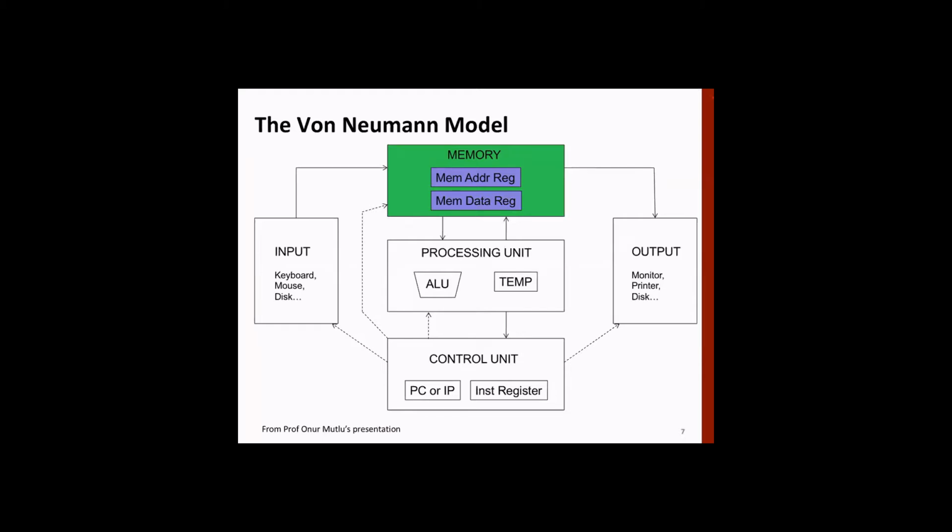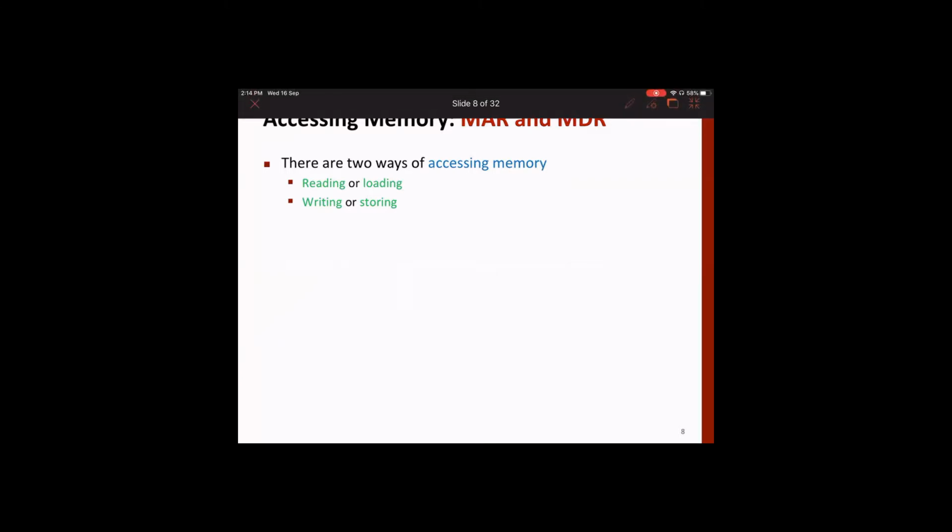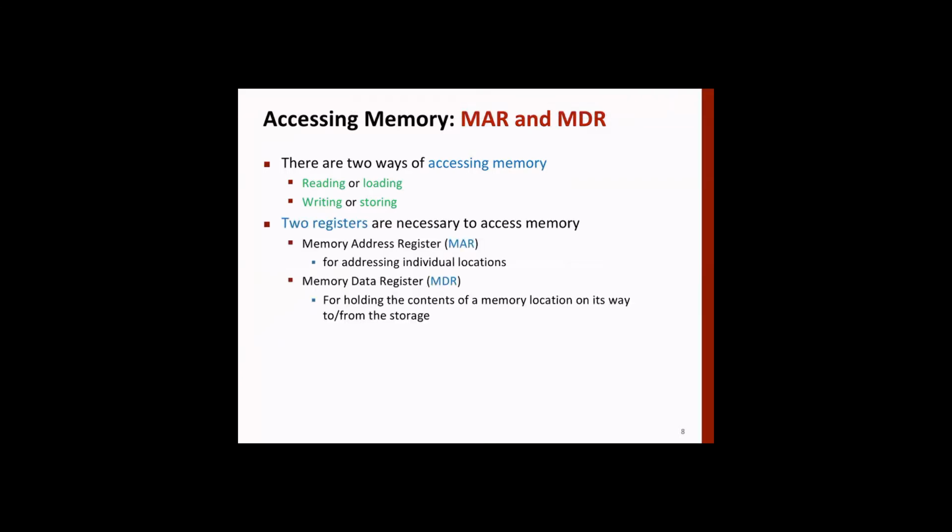The two main operations that we do in memory are reading and writing. The CPU can only read or write, that's it. Reading we also call loading, and writing we also call storing. Two registers are required to access memory.